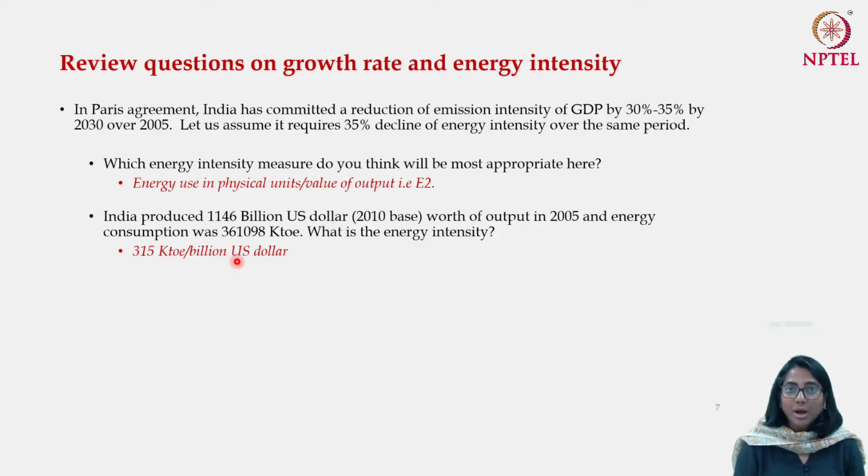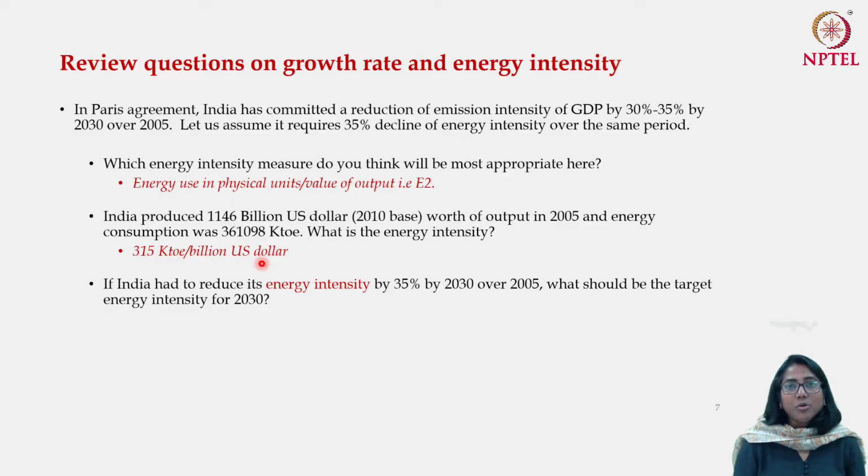So in case of E1, it would have been kiloton of oil equivalent per ton of production of something, but this is billion US dollar. This calculation you can do. The next question is, if you have to reduce the energy intensity by 35% over a period of 25 years, from 2005 to 2030, what is going to be your target energy intensity?